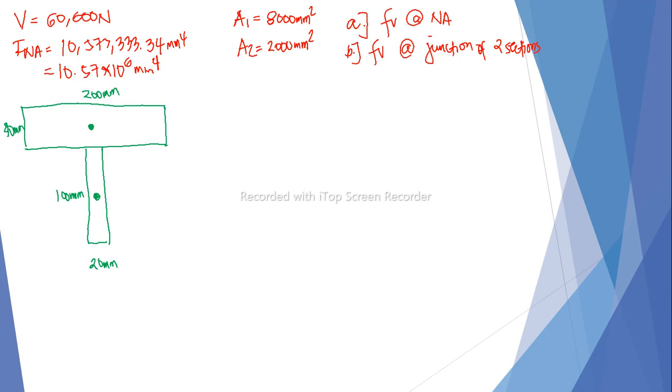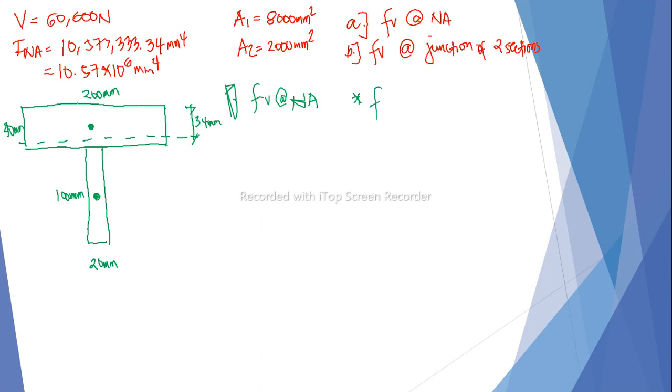So for the first one, we need the shearing stress at the neutral axis. If you remember, our neutral axis is somewhere here, 34 millimeters from the top.